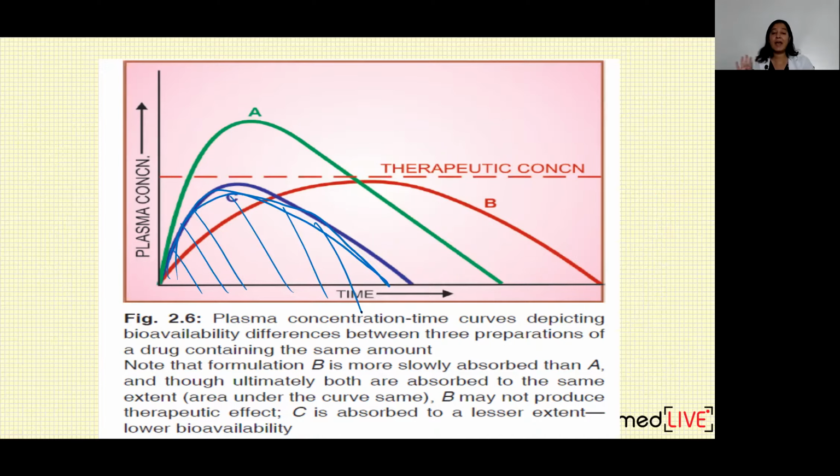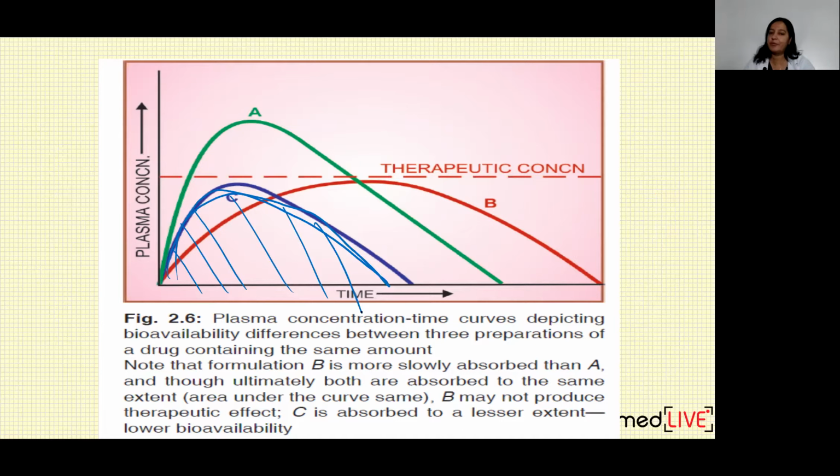Now among A and B, I can't say which one has more area or less area. A is a taller triangle, and B is flatter but wider. So if I calculate the area of A and B, maybe it may be the same. Just suppose they are the same.